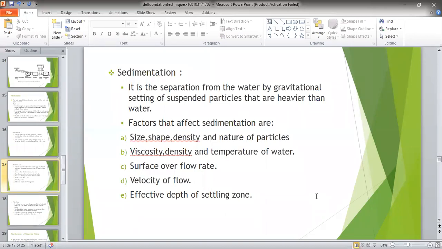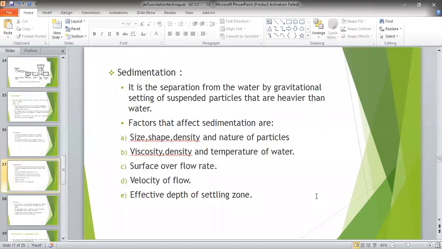You don't need to read these factors that affect sedimentation, just memorize the sedimentation. We will separate the heavier particles by the gravitational force.